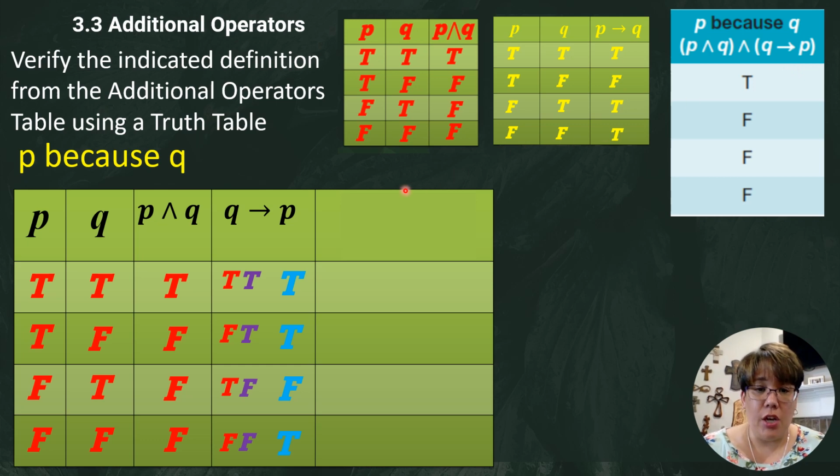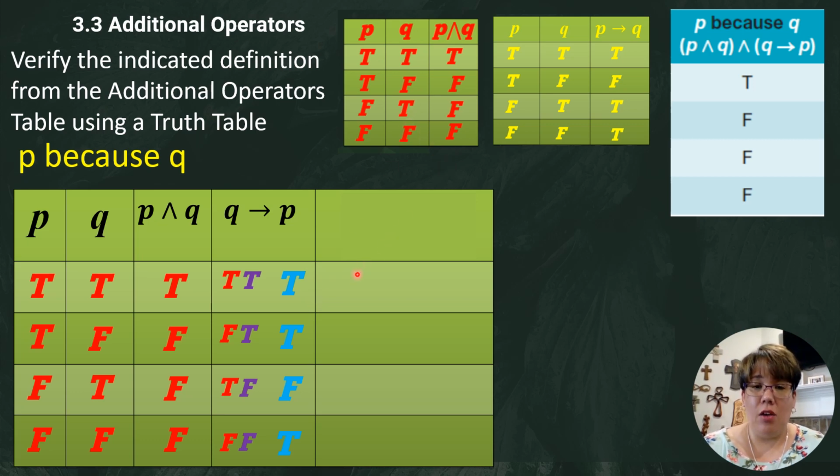Okay, so this red column is this first part. The blue is the second part. And the only thing that's left over now is to do this and this. So I'm ready to put these two columns together using and.